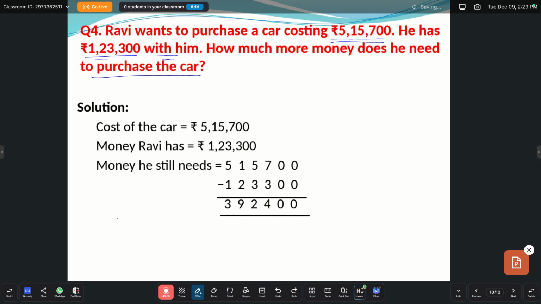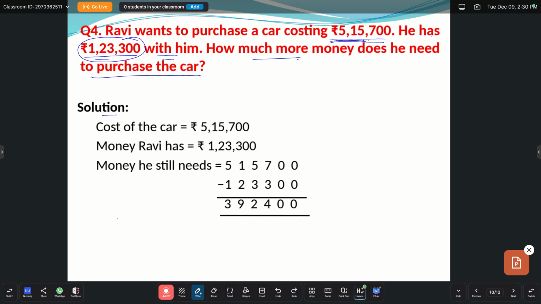Ravi has to buy a car that costs 5,15,700, but he has only 1,23,300 rupees. The car costs much more than the money he has. Now he needs more money to get this car, and we are supposed to find how much more money he needs to purchase it.